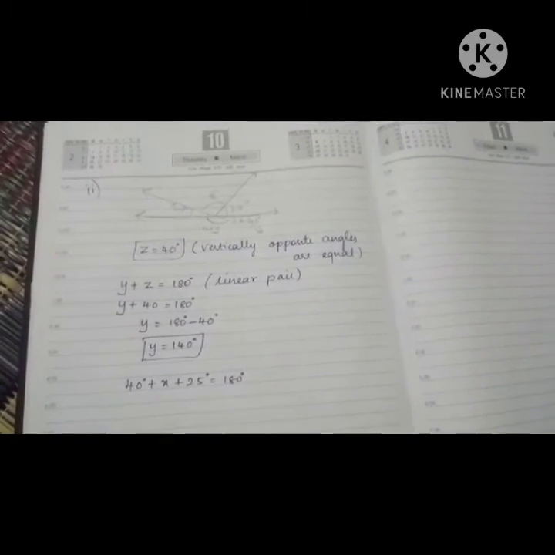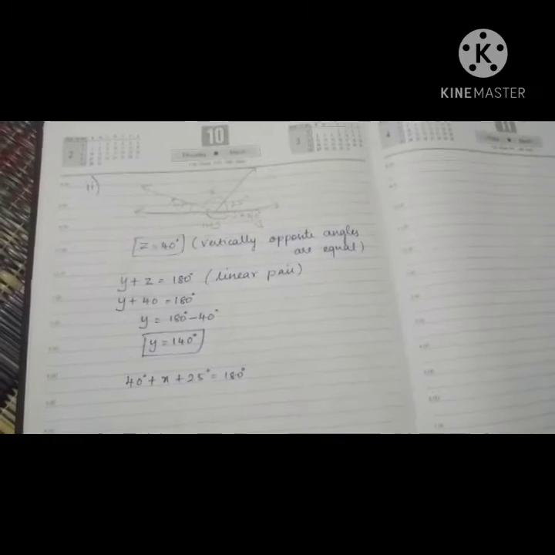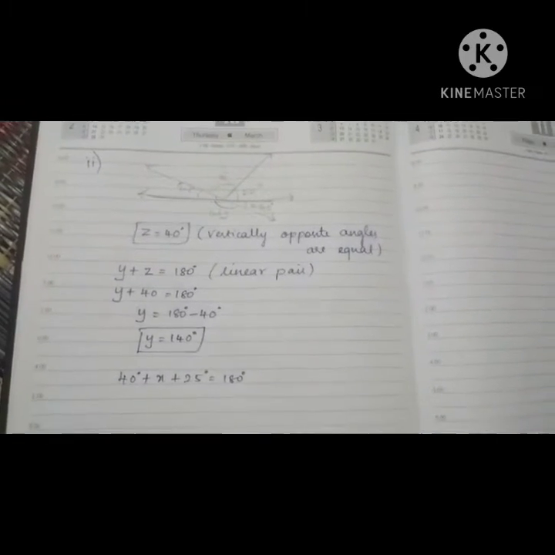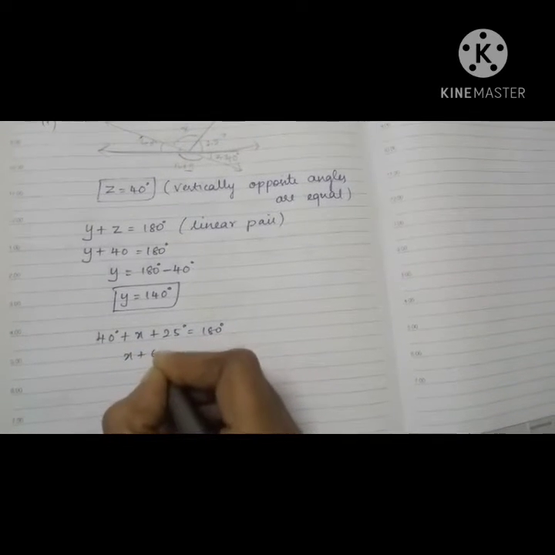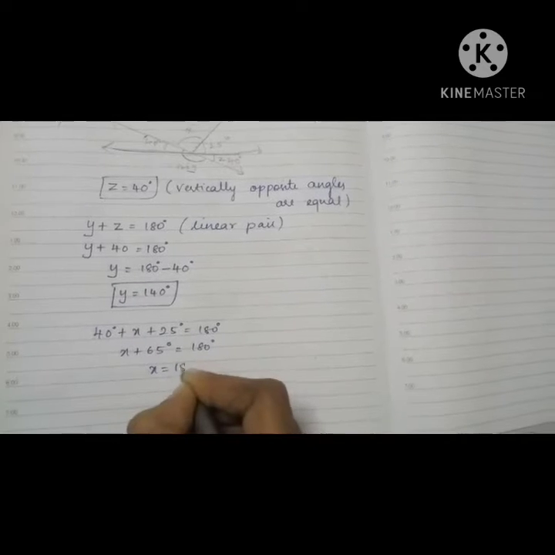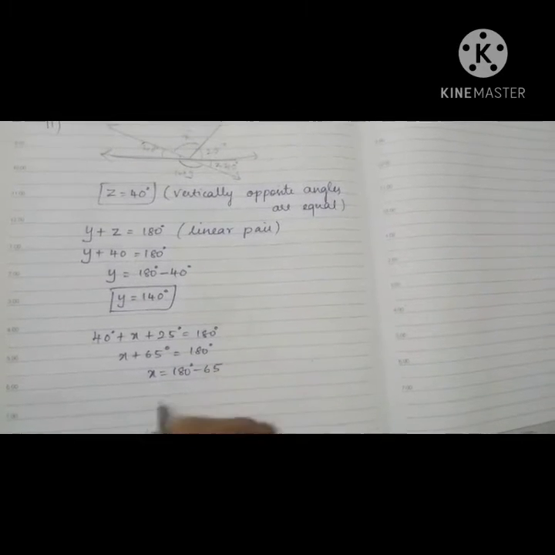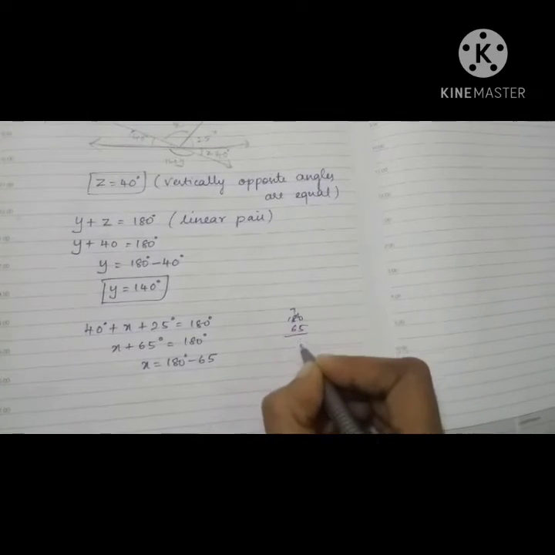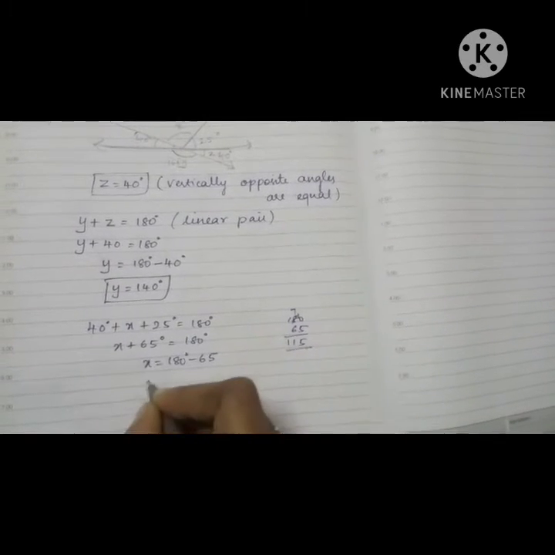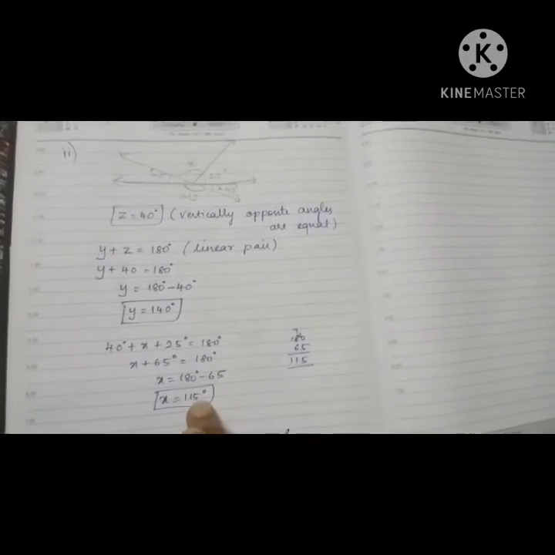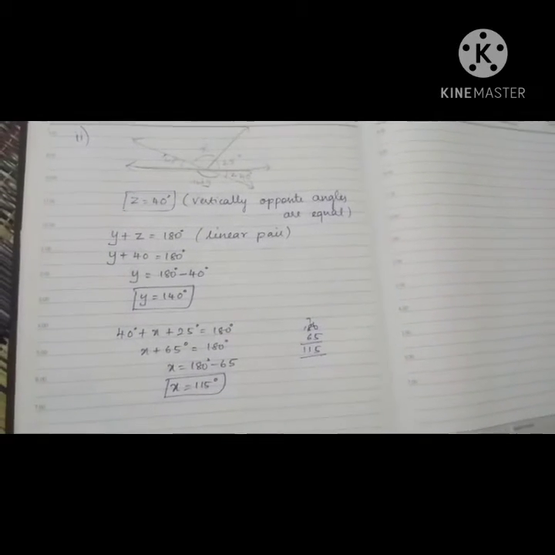They form a supplementary. Okay, so 40 plus 25 is what? x plus 65 is equal to 180 degrees. X is equal to 180 minus 65. So what is 180 minus 65, children? 115. So x is equal to 115 degrees.